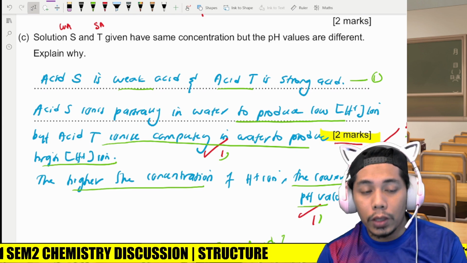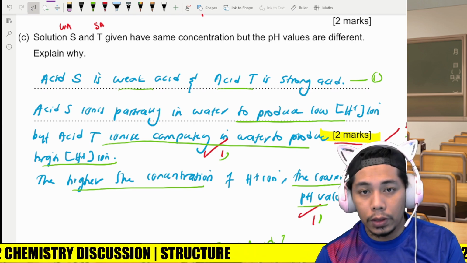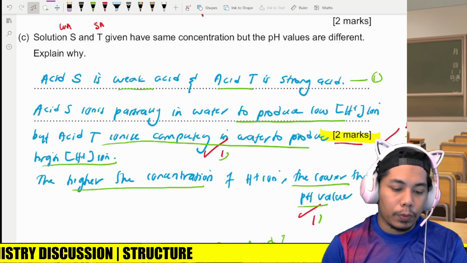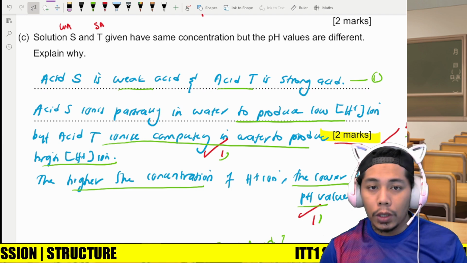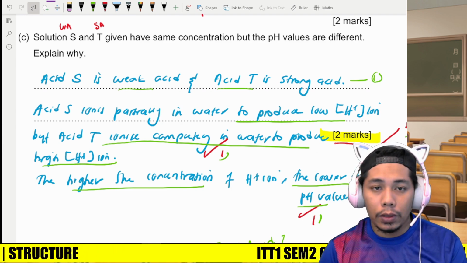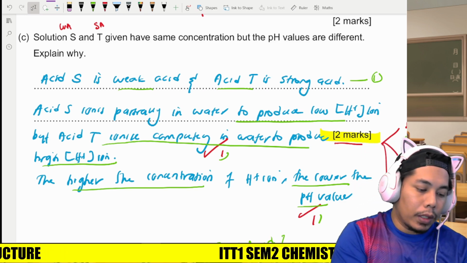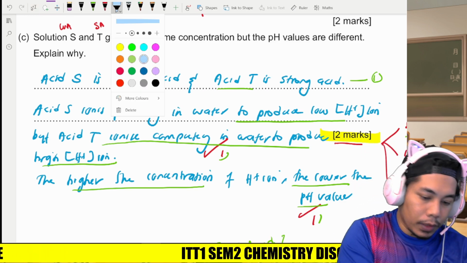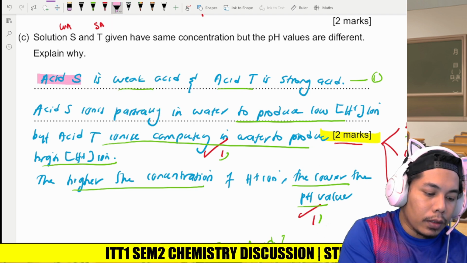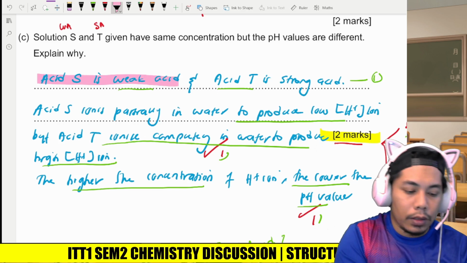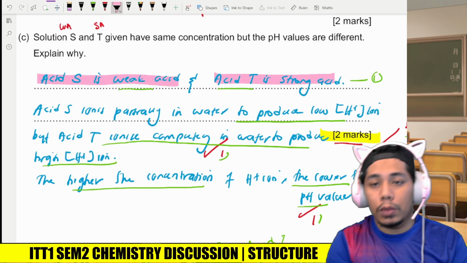Itu bukan menentukan dia adalah strong acid ataupun weak acid. Just bagi tahu lah, first point yang pertama dia adalah weak acid. Dan kena bagi tahu siapa weak acid, siapa strong acid. Jadi bagi tahu kat situ acid S weak acid. Okay. Acid S is a weak acid and acid T is strong acid. Dapat 1 markah.